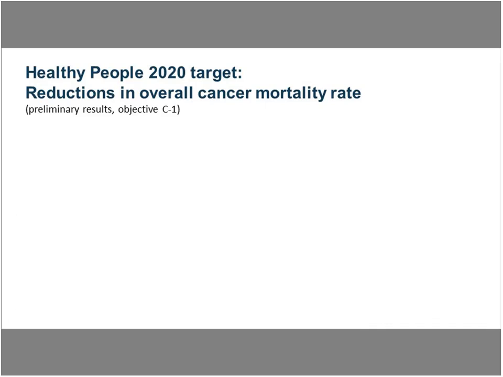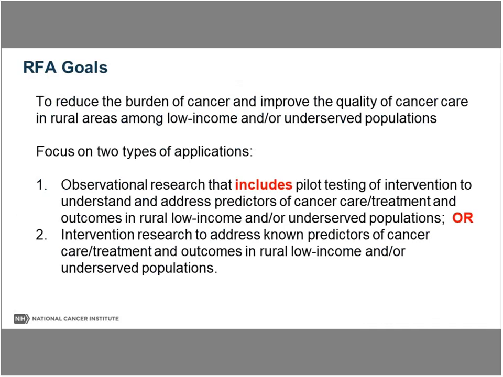Thank you, Bob. I'm going to go over the goals of the RFA, which, as the title says, is to reduce the burden of cancer and improve the quality of cancer care in rural areas. The emphasis is also on rural and low-income and/or underserved populations.